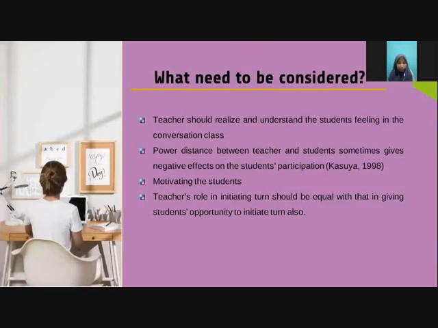Okay, next, the power distance between teacher and students sometimes gives negative effects to student participation. This is according to Kasuya 1998. When the power distance between the teacher and the students is far, the teacher has a strong identity in the classroom.